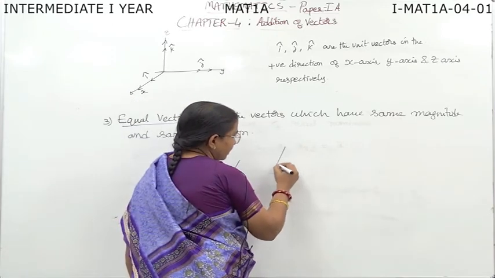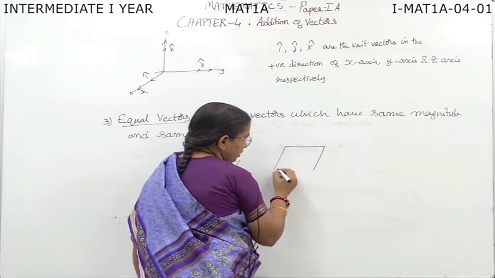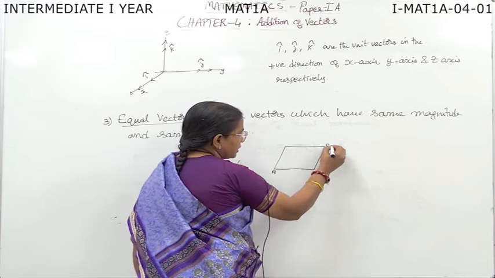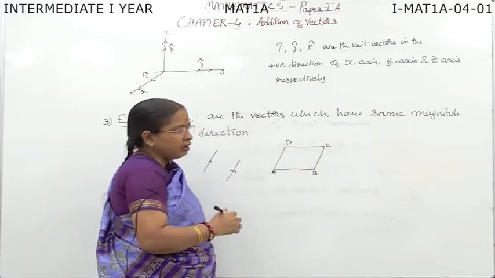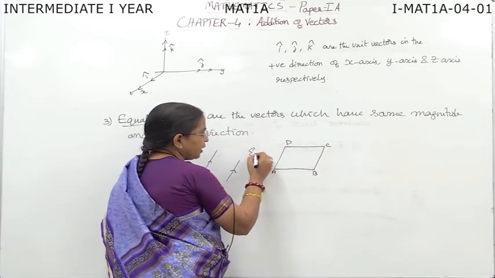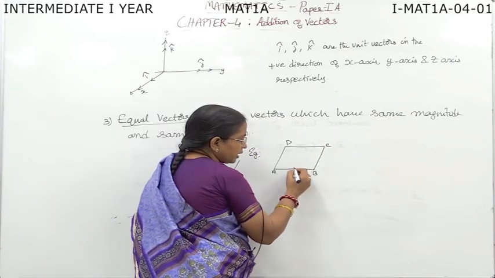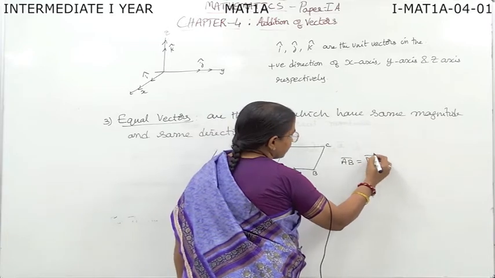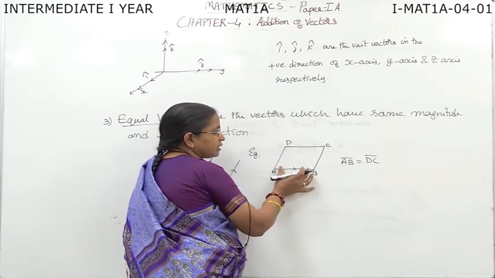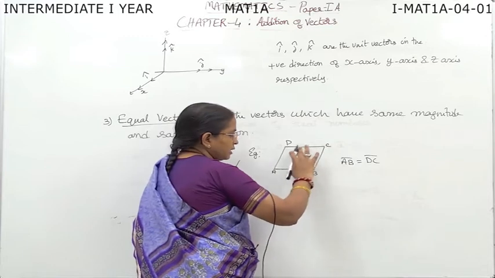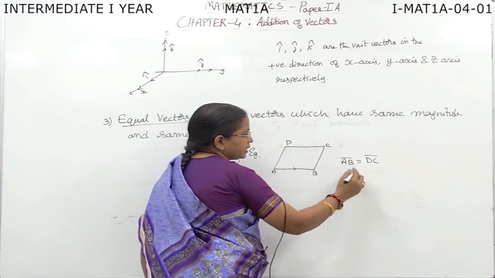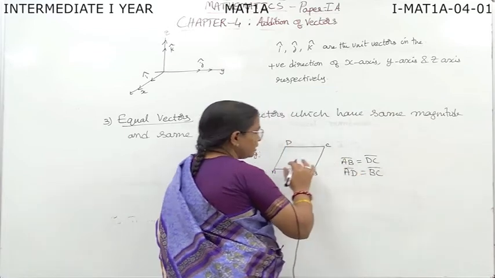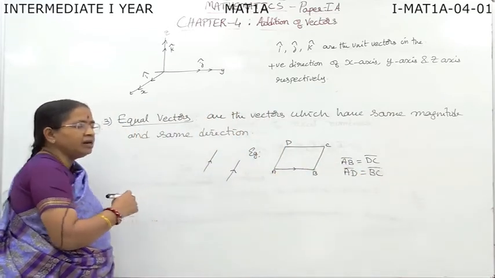Now we'll take a parallelogram. Suppose that you have a parallelogram like this, ABCD. We know that opposite sides are equal. So in a parallelogram, AB vector is the same as DC vector because they have the same length and same direction. And in the same way, AD is the same as BC. So like this, we have equal vectors.